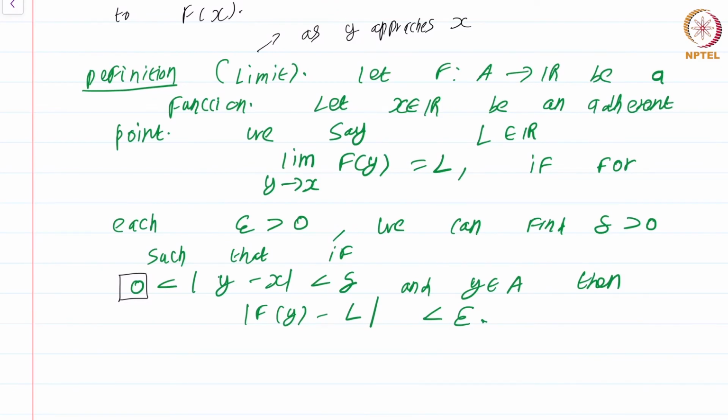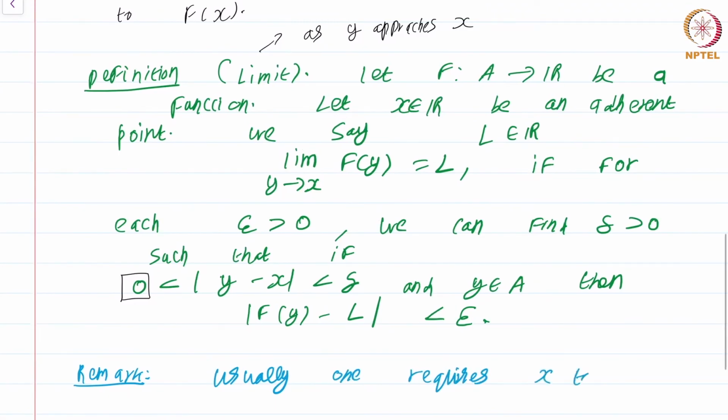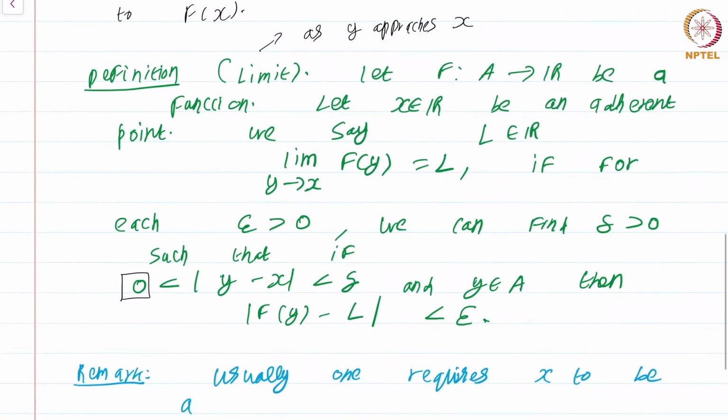Now let me just make a remark because this is somewhat important. Usually one requires x to be a limit point, not just an adherent point.